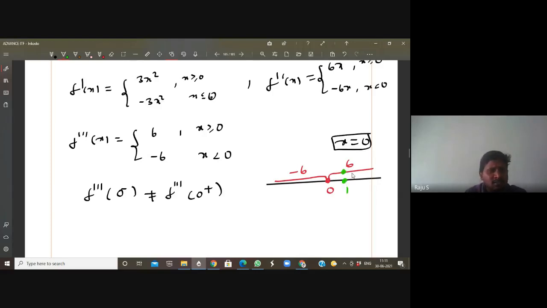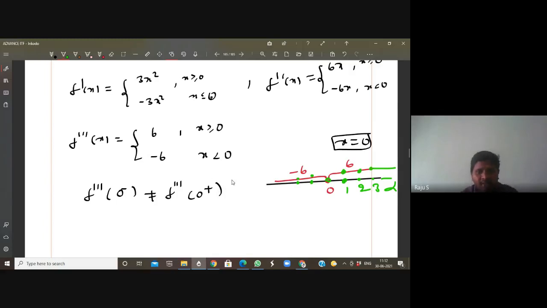Is 6 differentiable or not? At 2, the function value is 6. Differentiable or not? Yes. 3, differentiable or not? Yes. If we take till infinity, it is differentiable everywhere. Every constant function is differentiable everywhere. At 0 alone, we are getting two different cases here. Left derivative and right derivative are not equal. But other than that 0, it is differentiable anywhere.